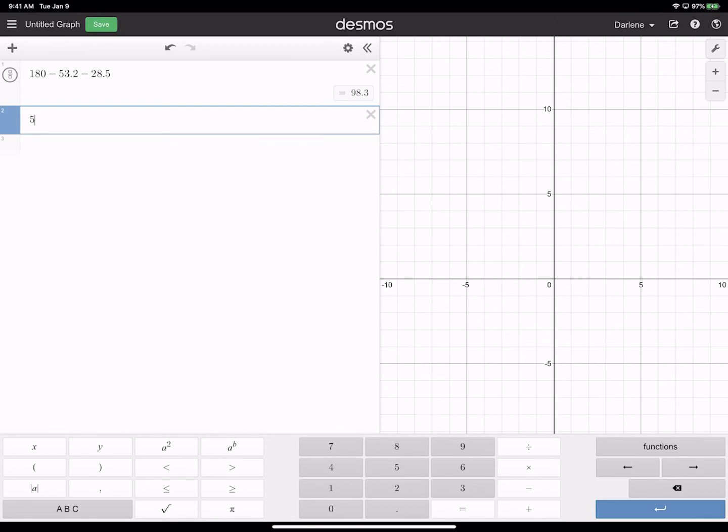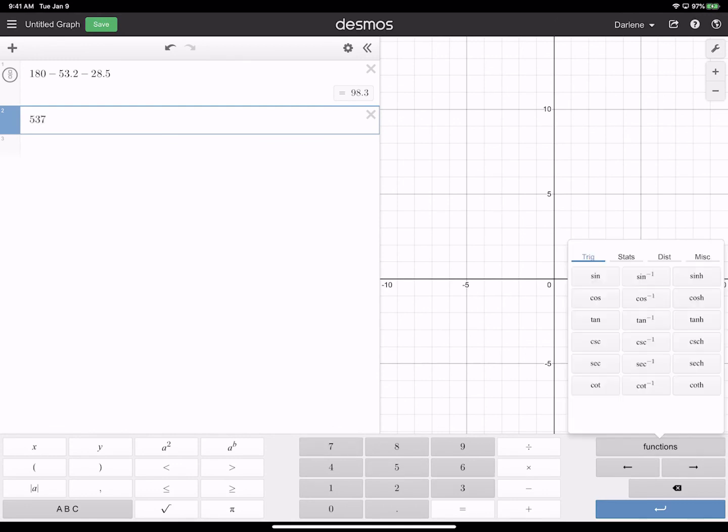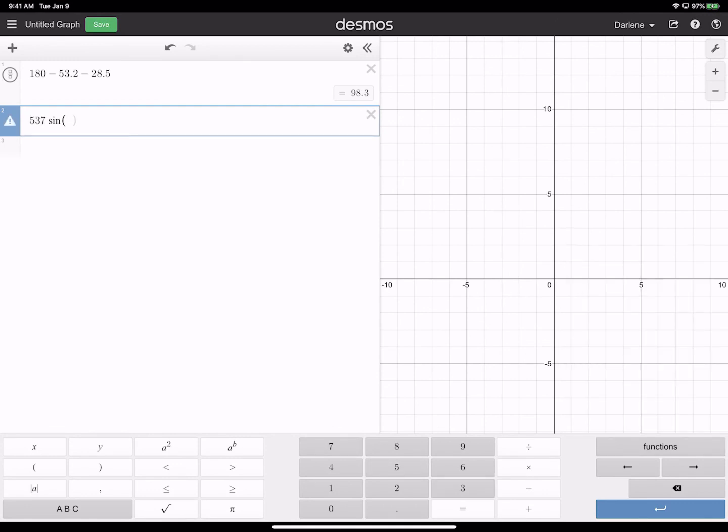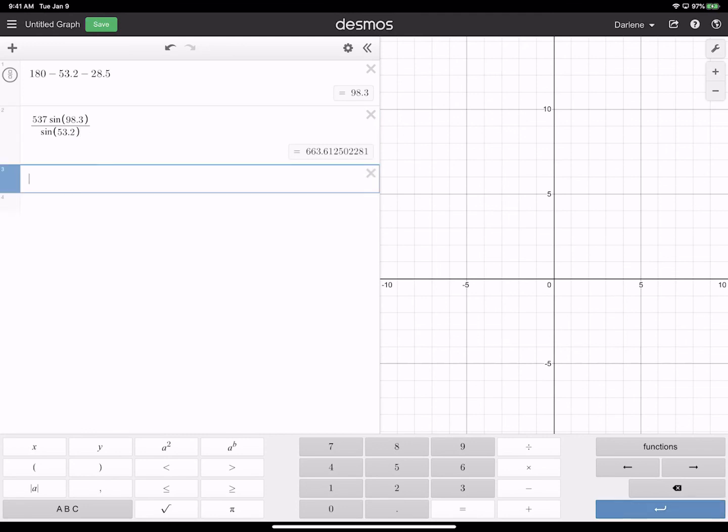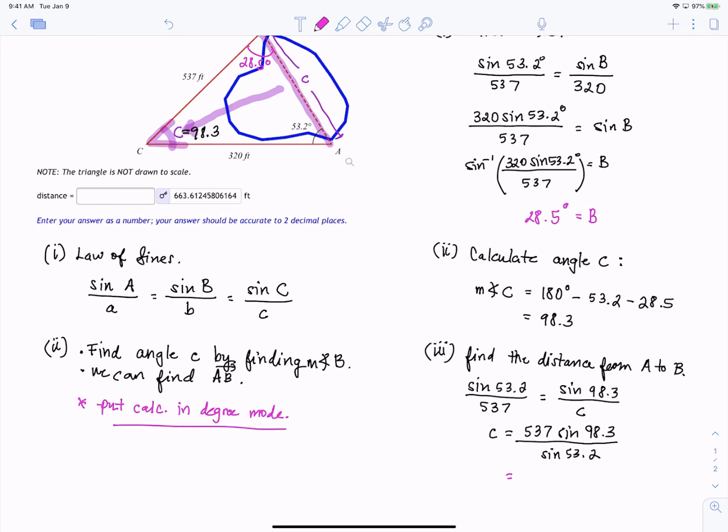So here we have 537 sine of 98.3 divided by the sine of 53.2. And so we can see that is 663.61. Great, and so now we know that the distance between A and B is 663.61 feet.